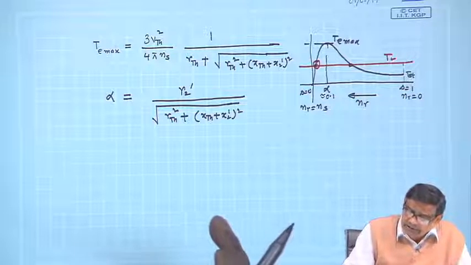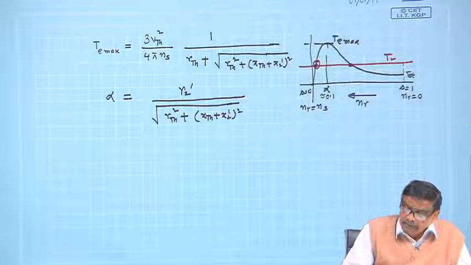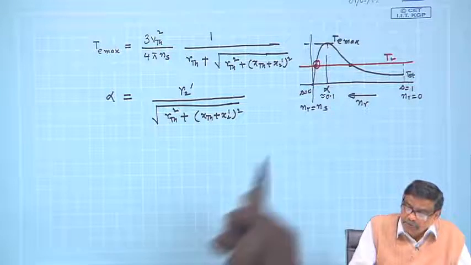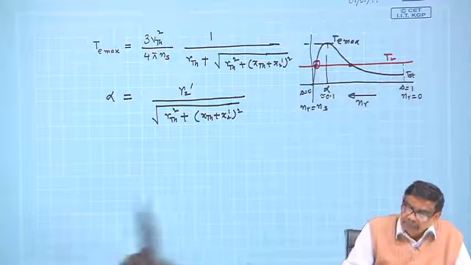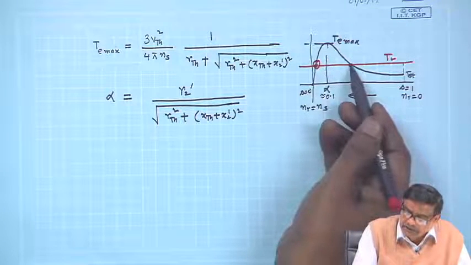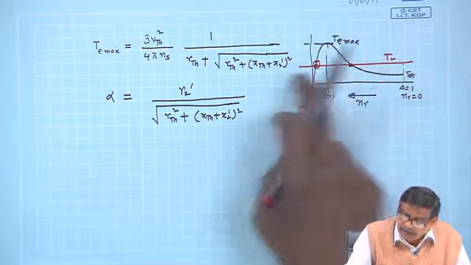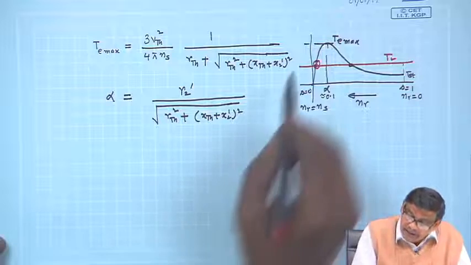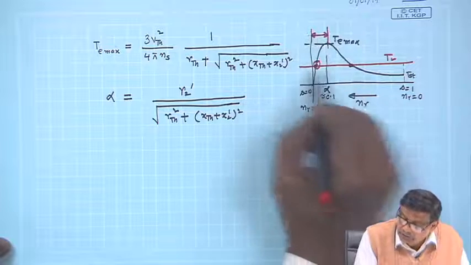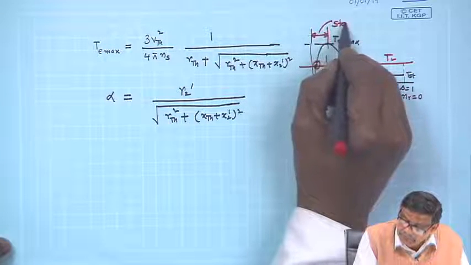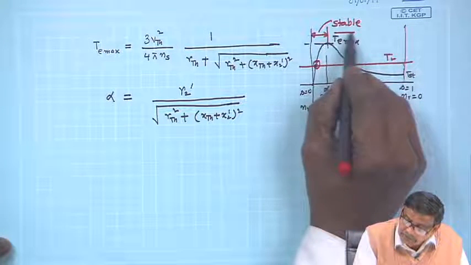A slight disturbance this way or that way will change the operating point either to this point or to this point, that is, the motor will not run, and it will never come back to its original position. That is why it was called unstable, so far as the load torque is constant. And last time I told, therefore, that this zone for a constant load torque like this is the stable zone, and this one is the unstable zone.